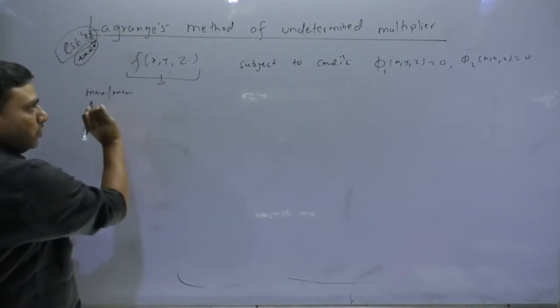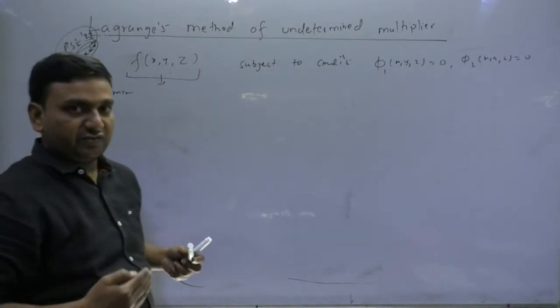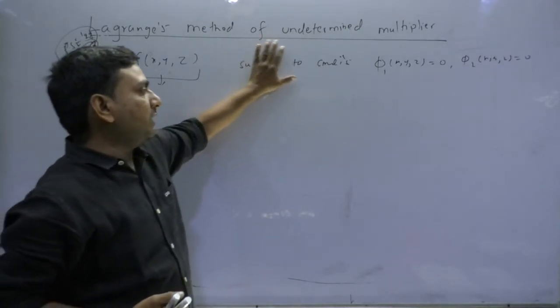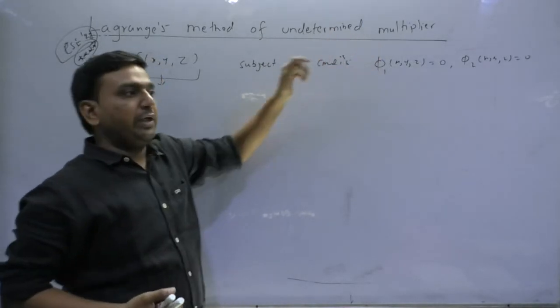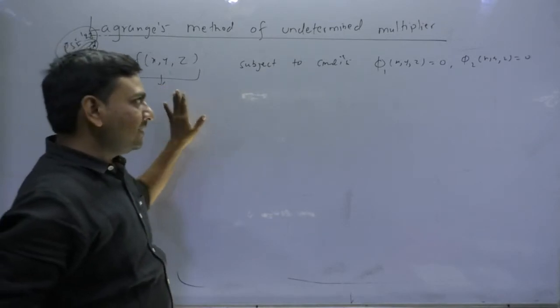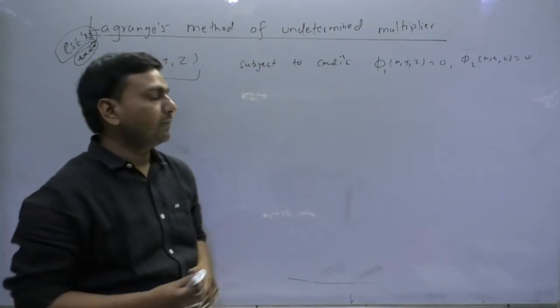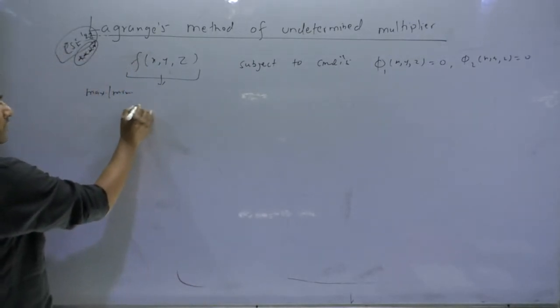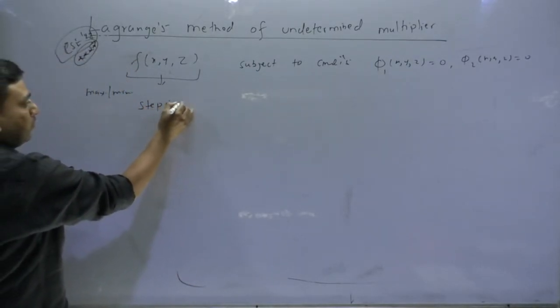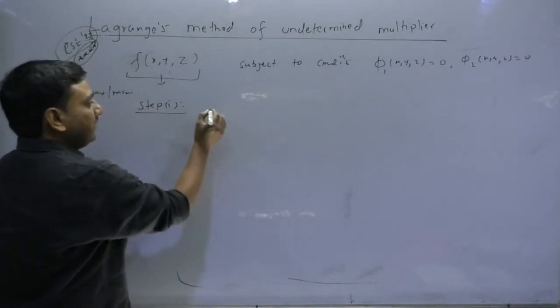So to solve such problems, देखिए अभी तक क्या हो रहा था, in the first half of this lecture we were not given some conditions, only we were finding f of x y z का maxima और minima. Here conditions are given to you. Fair? चलो. So in this Lagrange's method, what we do is we construct.